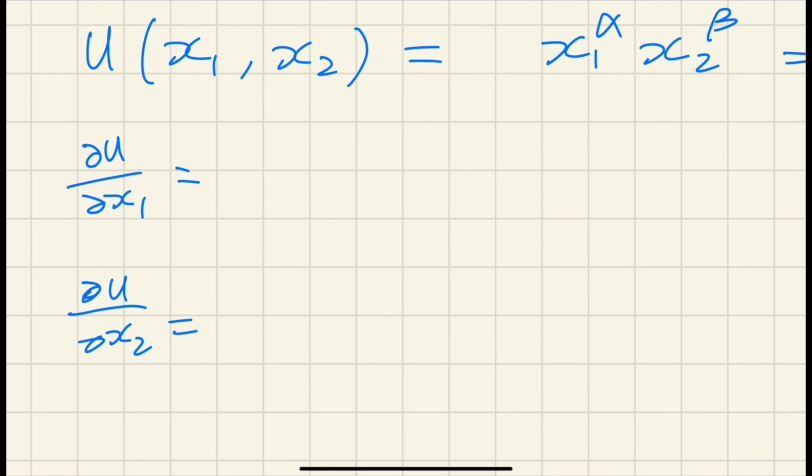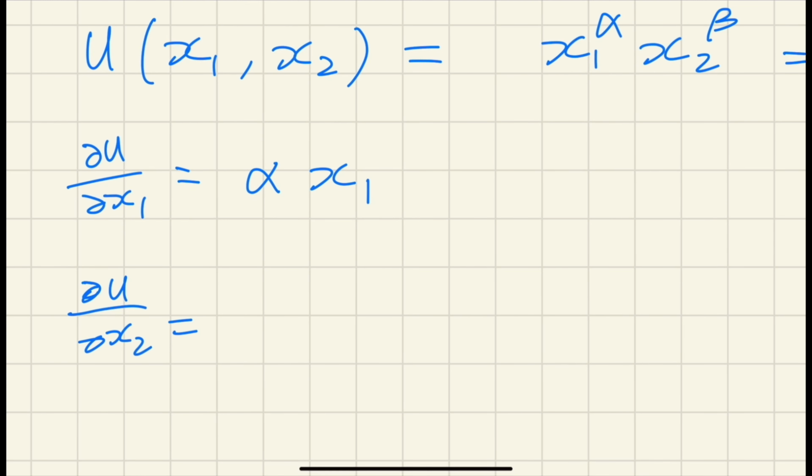Compared to the previous one, this one is going to be more complicated and tricky, so don't feel bad if you didn't manage to solve it. Now I'll go through the whole thinking process behind it. For the first one, partial derivative with respect to x1, we're going to multiply the thing by alpha, then x1.